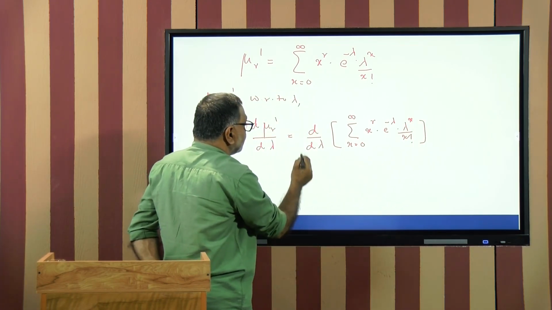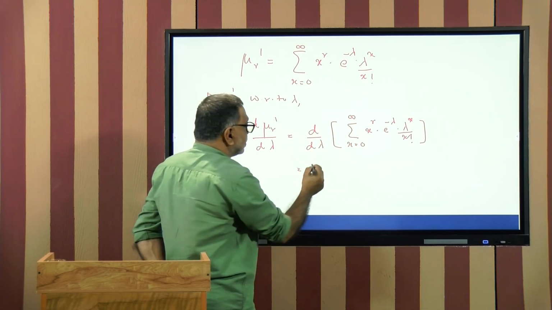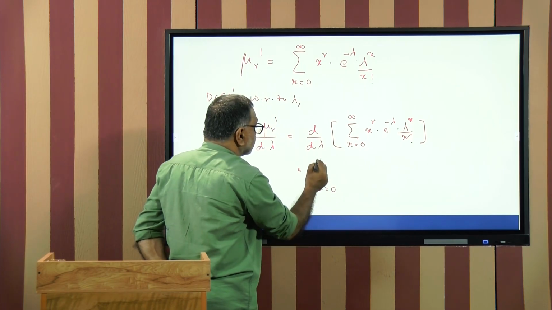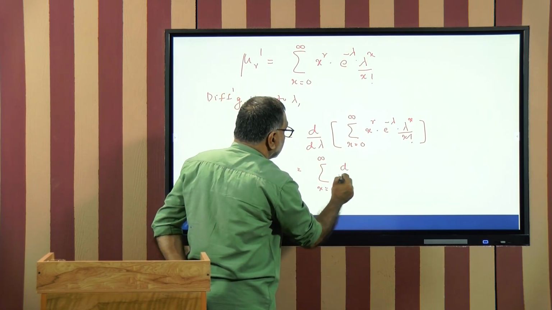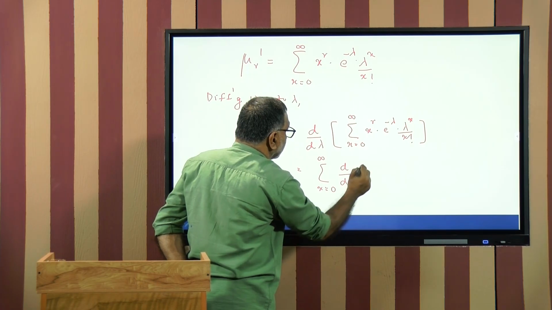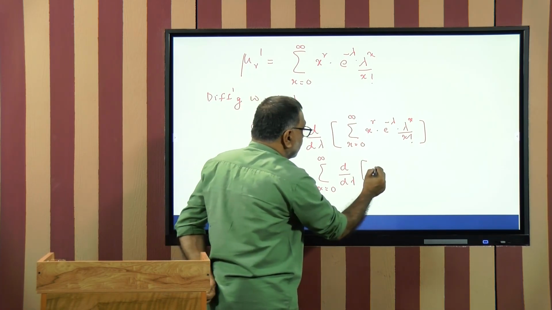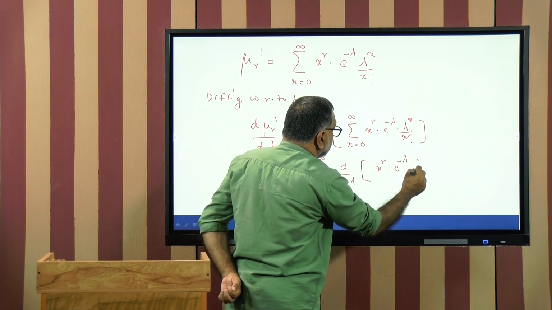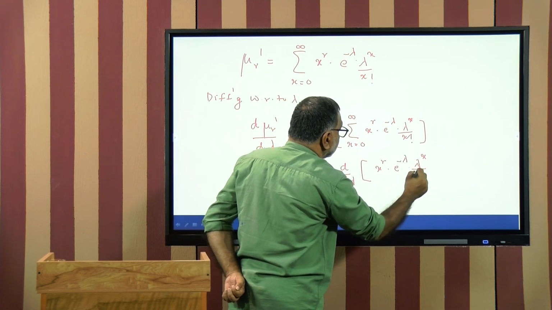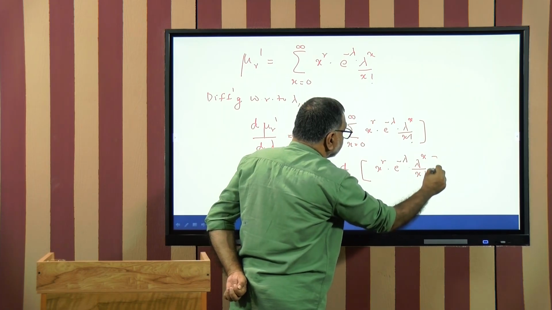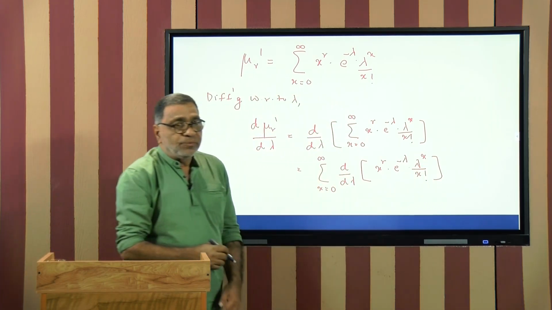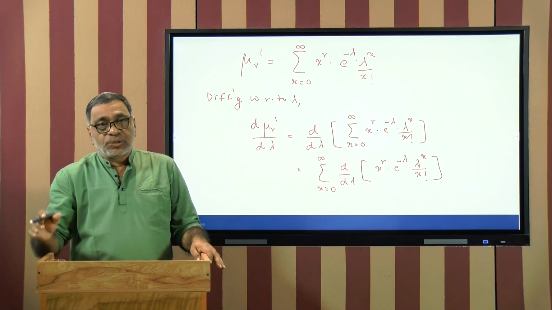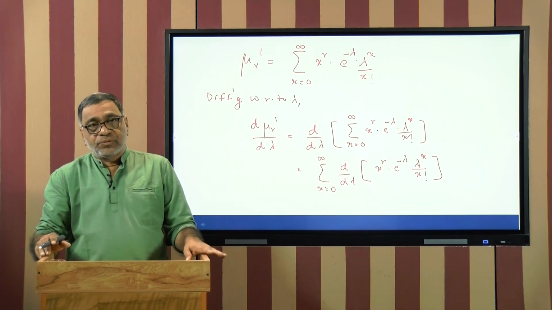The derivative of a sum of functions is the sum of the derivatives. So, we can write this as sigma x is equal to 0 to infinity d by d lambda of the function x power r e power minus lambda, lambda power x divided by x factorial. This is the expression we have.